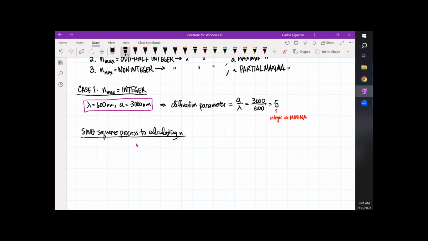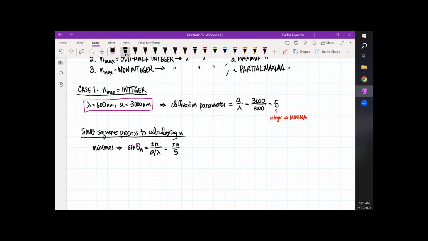So here we go. In this process, if I'm looking at the minimas, then I set up my sine of theta of n, and this is going to be plus or minus n over A over lambda. But in this case, we see that the diffraction parameter is 5, so this is really plus or minus n divided by 5.